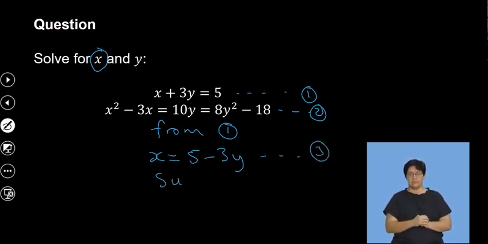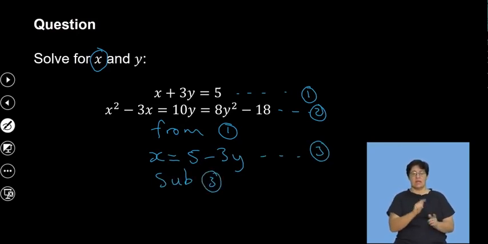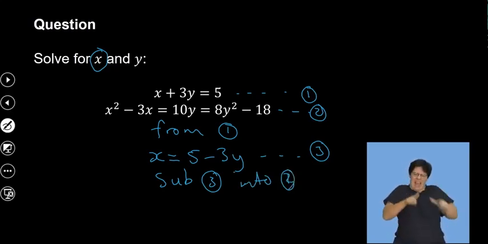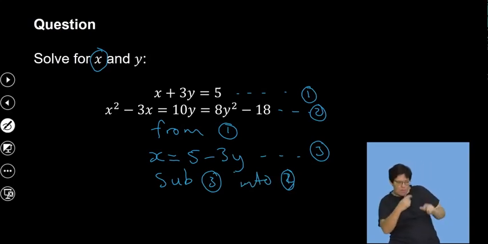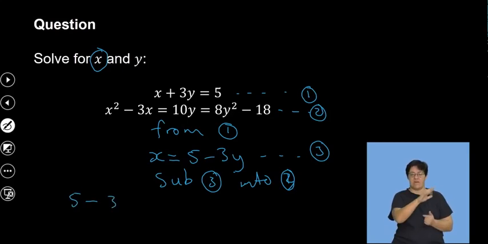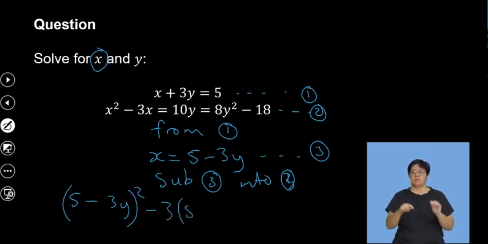And then I will say substitute equation number 3 into equation number 2, right? So it's a language, this thing, guys. You're communicating with me. You are telling me what you are doing. Therefore, this will be 5 minus 3y, all of this squared minus 3 into 5 minus 3y.